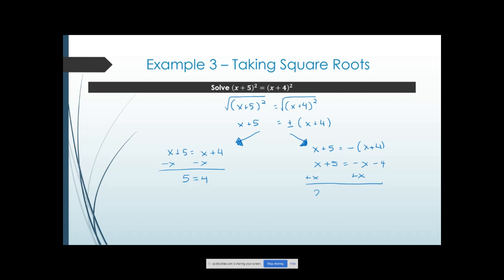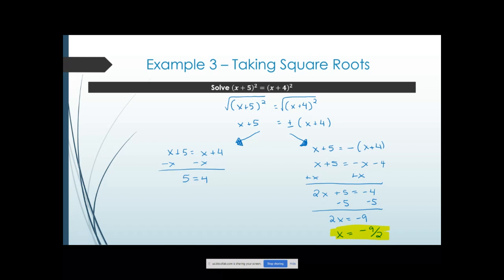That gives me 2x plus 5 equals negative 4. Now I'm going to subtract 5 from both sides, which gives me 2x equals negative 9. And then when you divide both sides by 2, you get x equals negative 9 halves. So we got only one solution from this problem, and it's negative 9 halves.